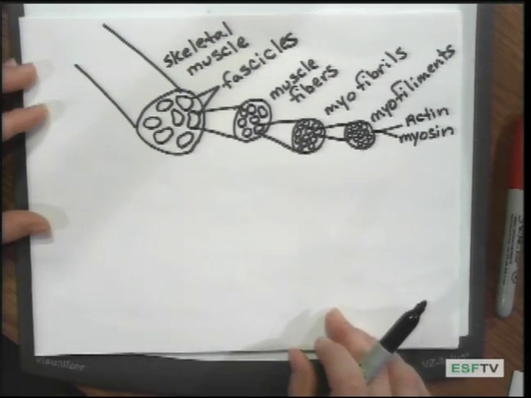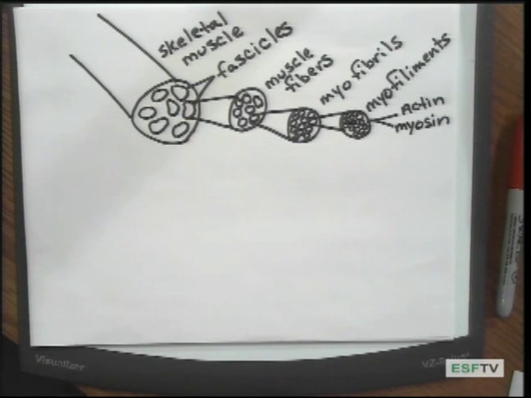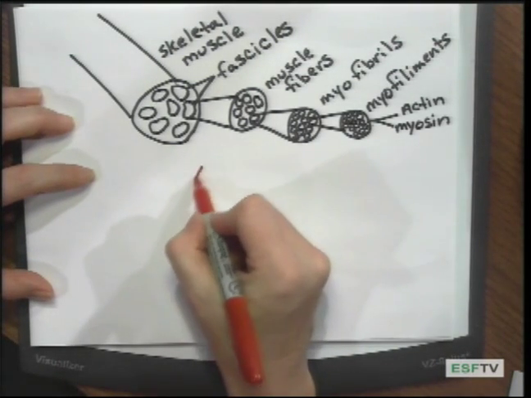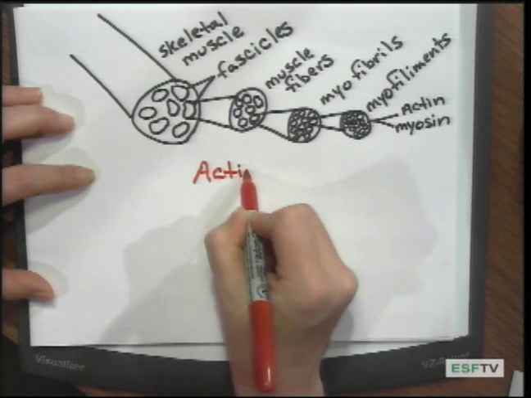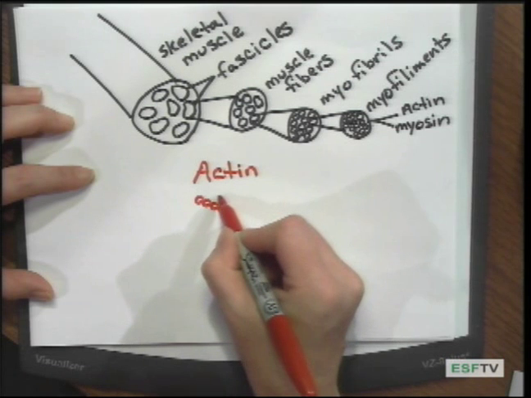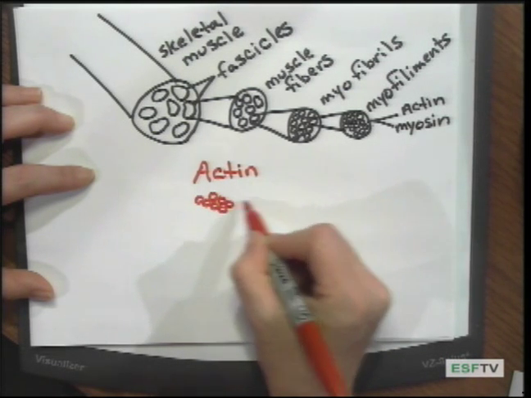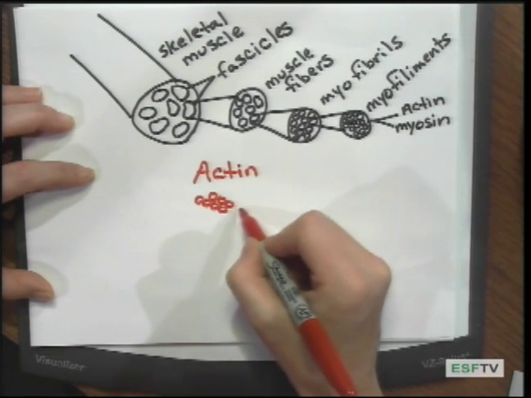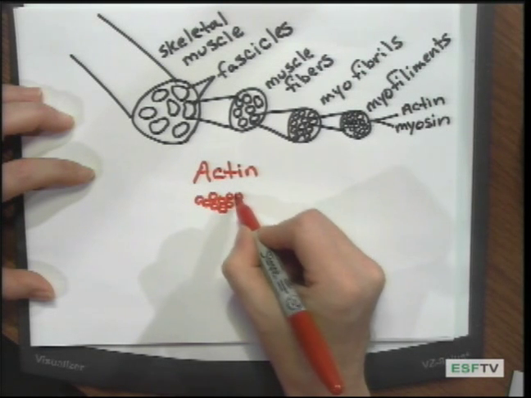So let's go ahead and draw out two of these thin filaments. So let's first draw an actin filament. So actin molecules are strung together and they wind around each other.